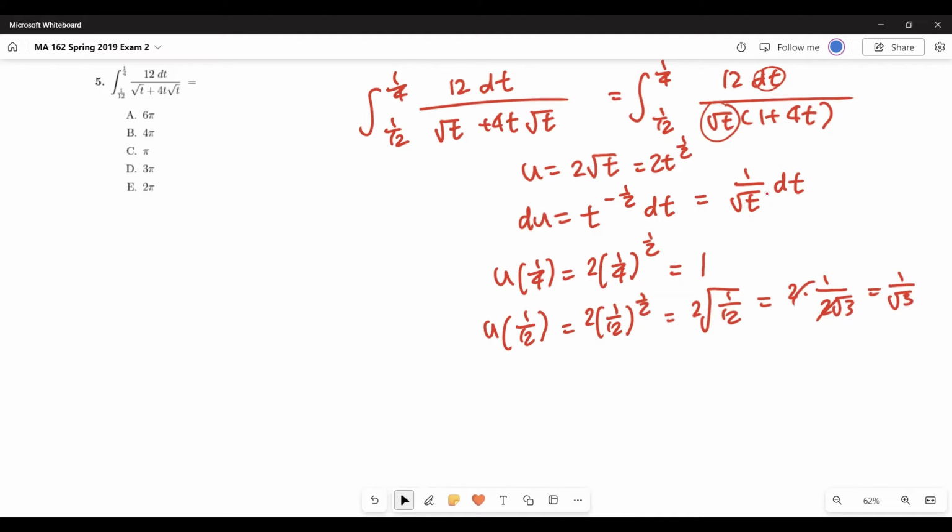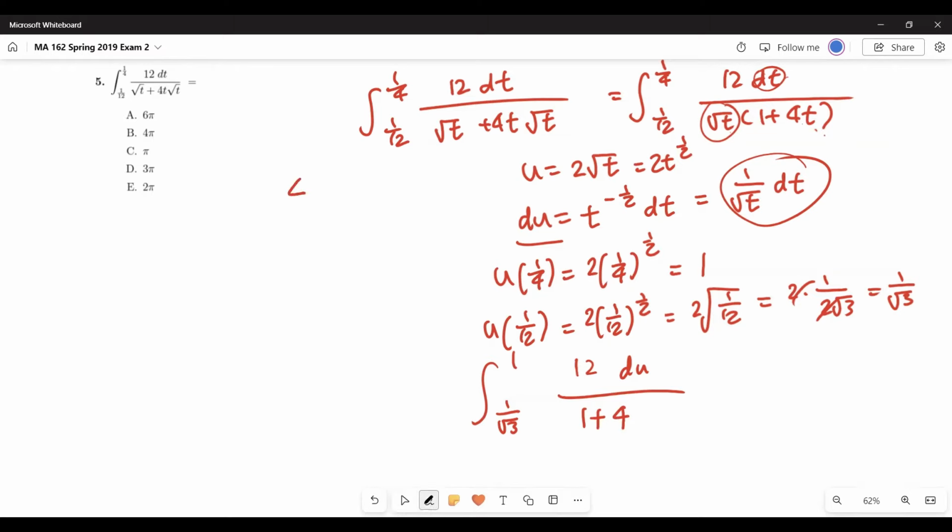Lovely. And then you can write it from 1 over square root of 3, and then 12 dt over square root of t becomes 12 du, because we found that value. 12 du over 1 plus 4t. 4t is basically u squared, right? u is 2 square root of t, so 2 square root of t squared is 4t, right?